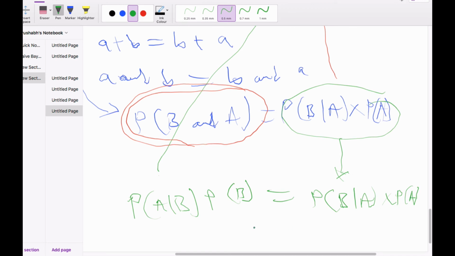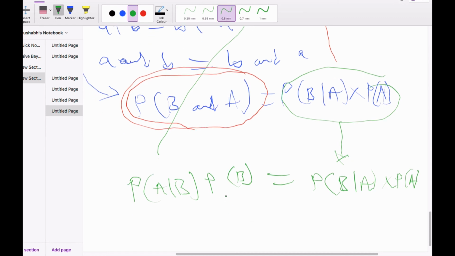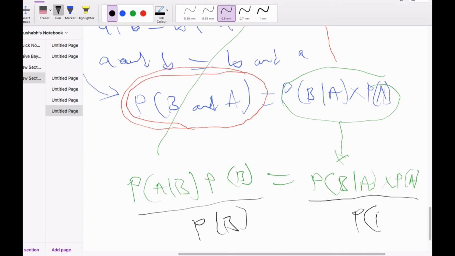All right, so we can equate the other side also. What I'm going to do is divide each side by the probability of B, because I want to get rid of this probability of B. So this one will cancel this one out.